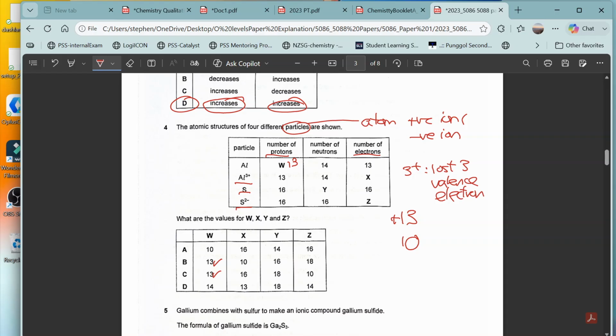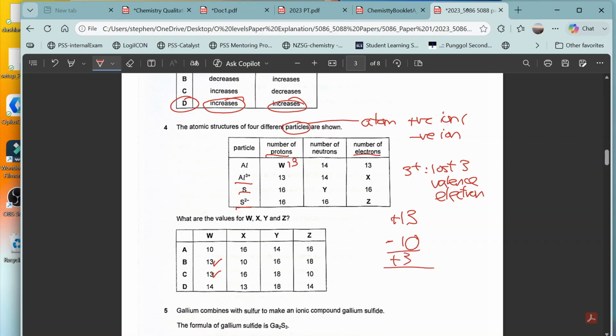So you started with originally 13 and 13. Now you lose 3 electrons. 3 plus means 3 electrons lost. Therefore, you're left with 10 electrons. If you're left with 10 electrons, and electrons are negative charge, so what is the overall charge?